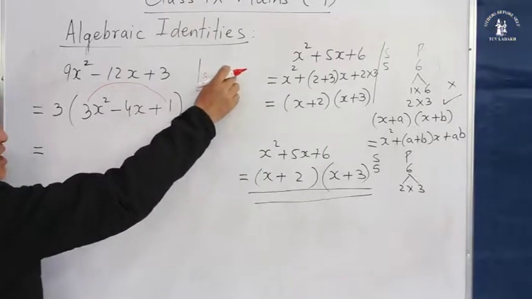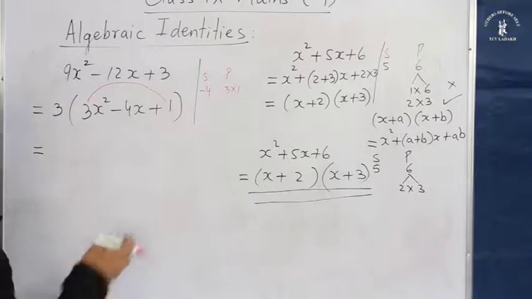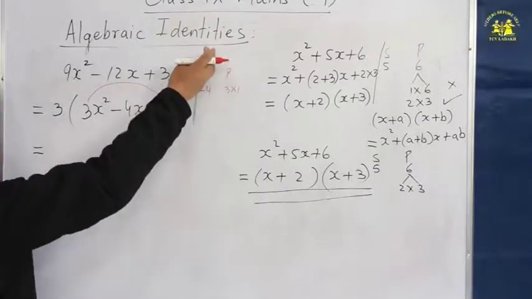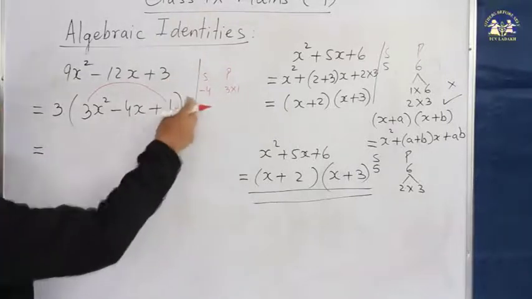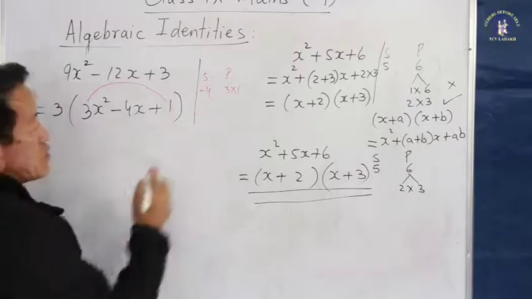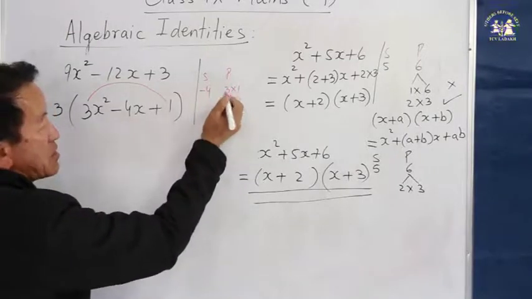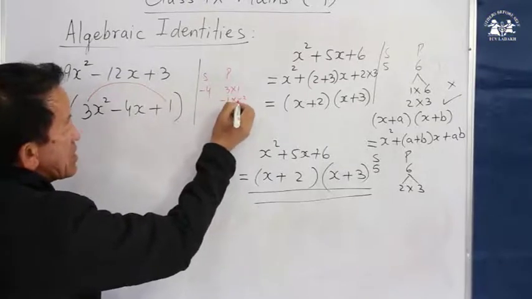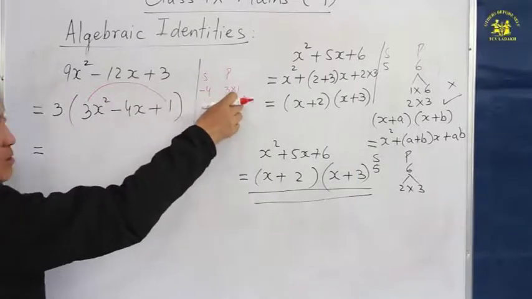The product's sign is positive, so both the numbers should have the same sign. What sign should they have? We look at the sum's sign, minus 4, so both the numbers will be negative. These are the only possible factors of the product, so it's minus 1 into minus 3. So the two numbers are minus 1 and minus 3.